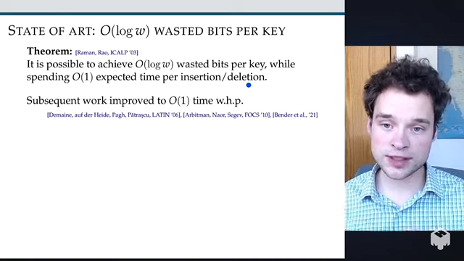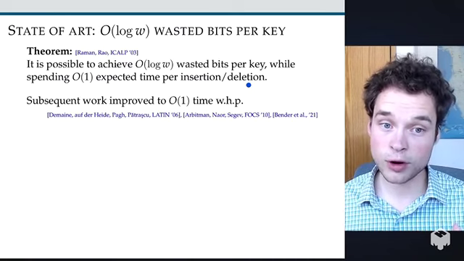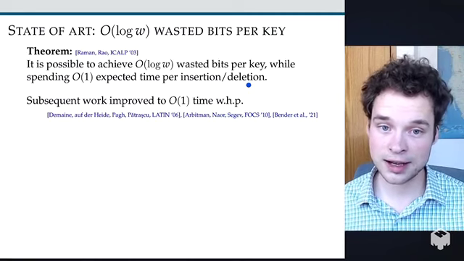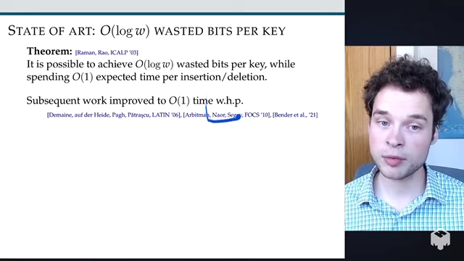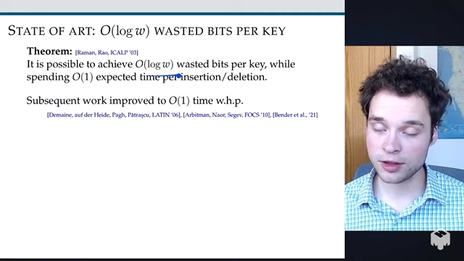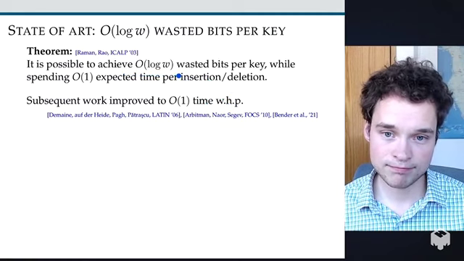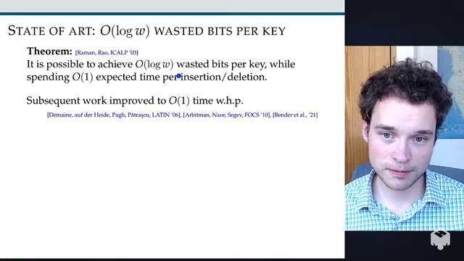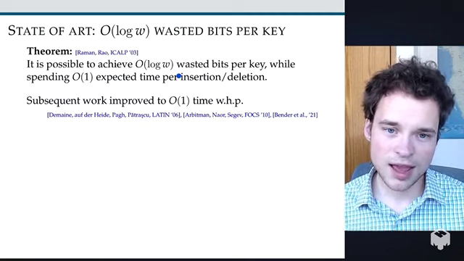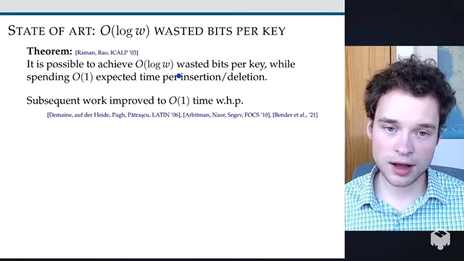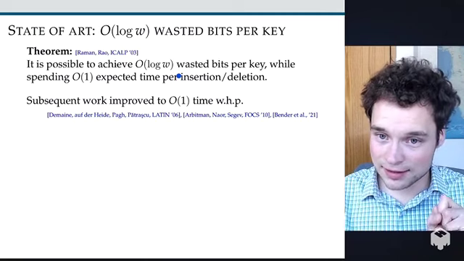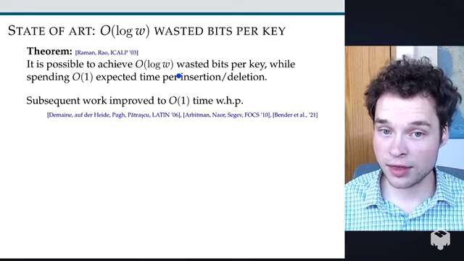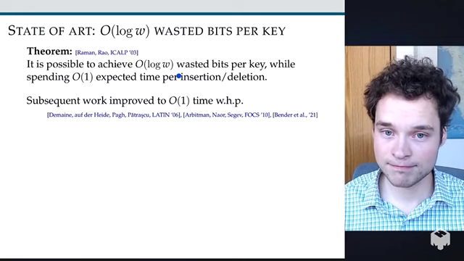And there's been a whole bunch of subsequent work getting this to the point where now we know how to do the insertions and deletions not just in constant expected time, but also with high probability and with the same bound on the number of wasted bits per key. That's the state of the art for space-efficient hash tables. And while there's been a lot of work on trying to get these bounds to be worst case, there hasn't been any further improvement on the number of wasted bits per key.